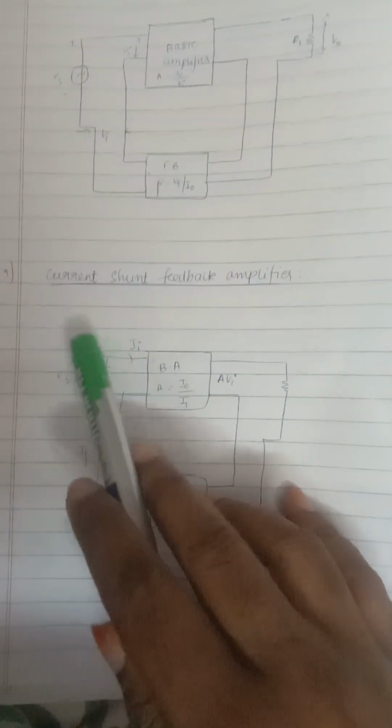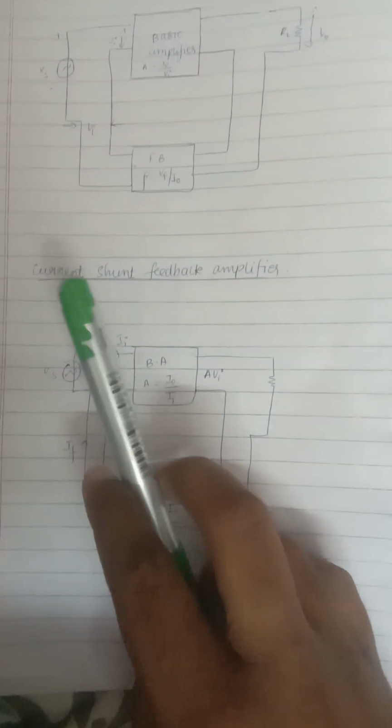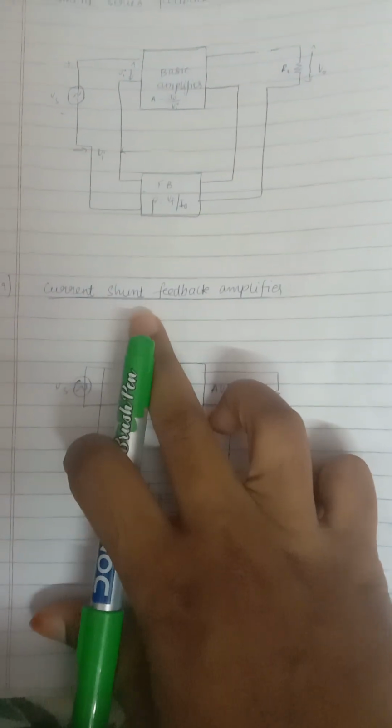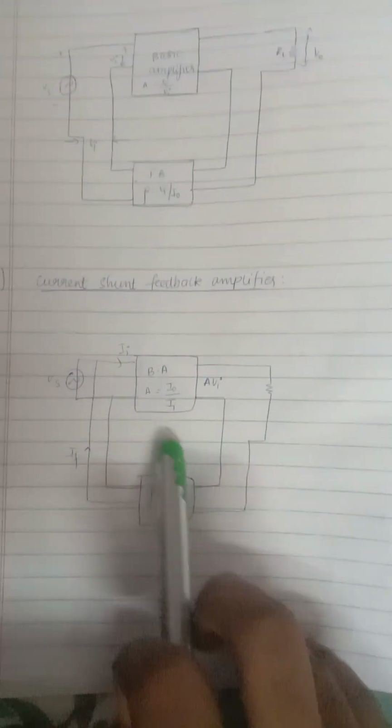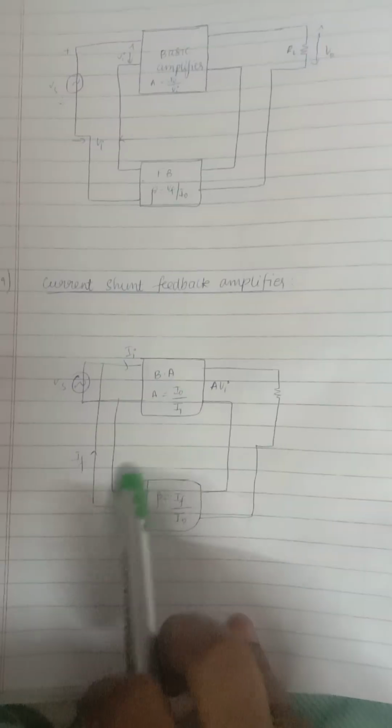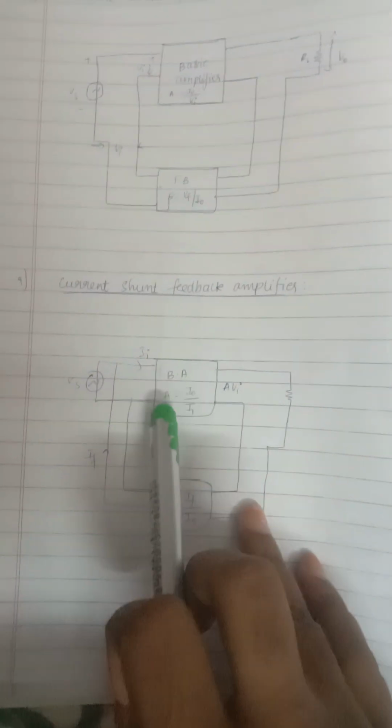Coming to the last amplifier, the current shunt feedback amplifier. In this, the output sampled is current, and the feedback signal to the input is shunt. So this is the basic amplifier, and this is the feedback circuit.